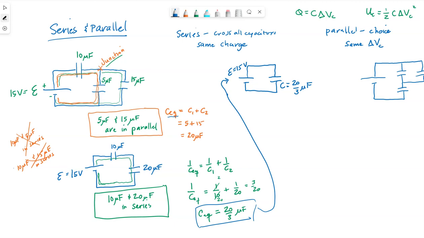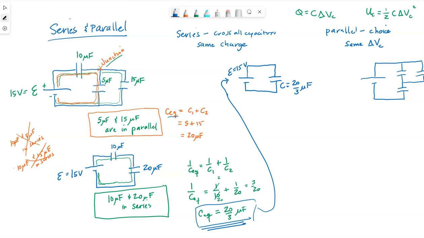In a problem like this, when we've been given the battery voltage and all the capacitor values, there's a couple different questions we could be asked. One of them is, what is the equivalent capacitance of the circuit? If that were the question, then we would be done.